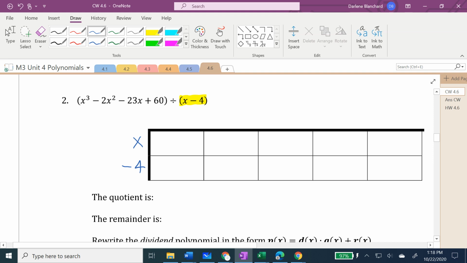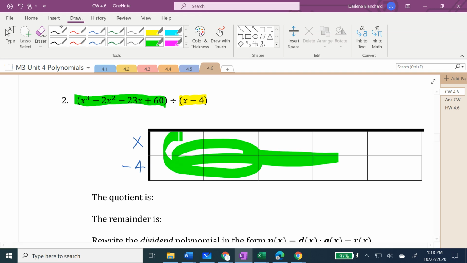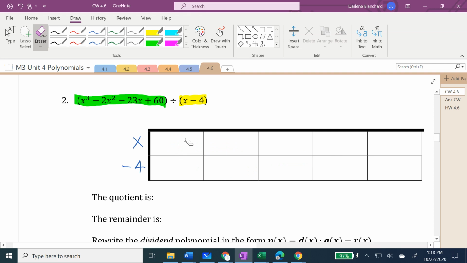And the polynomial that I am dividing needs to appear on the inside. And always there is a first thing. And that first thing is the leading term goes in the upper left box automatically.